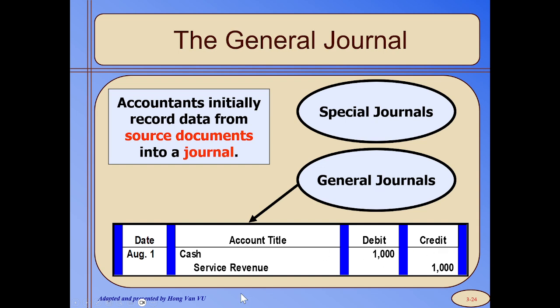Notice that the debit accounts are always written first, followed by credit accounts. The credit account titles are indented slightly, and we always have at least one debit and at least one credit, and the sum of the debits should equal the sum of the credits.